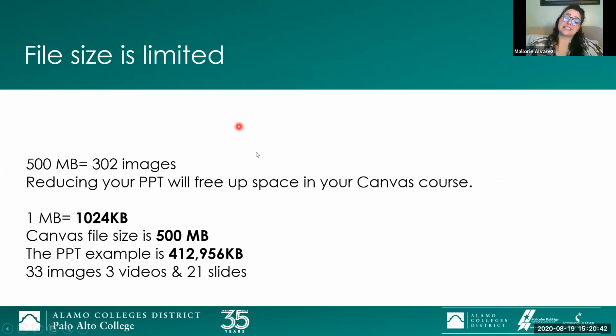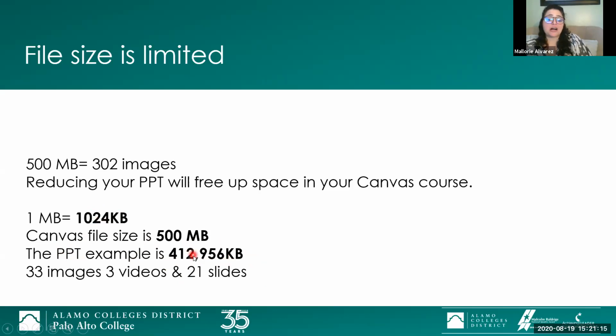So file size is limited. You only get 500 megabytes. The whole reason why we're doing this is to make sure that our PowerPoints aren't eating up that file size. Think of 1 megabyte as being broken down into kilobytes. I wrote down all this information here because the PowerPoint that I'm going to be using as an example is set at 4,012 kilobytes.